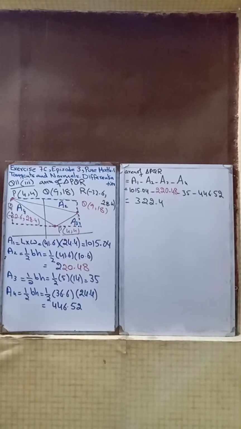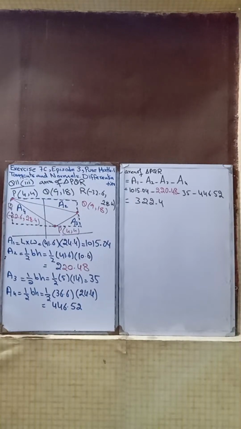Okay, so what will we do? There can be another thing. 28.4 minus 4 is 24.4. Okay, that is correct.